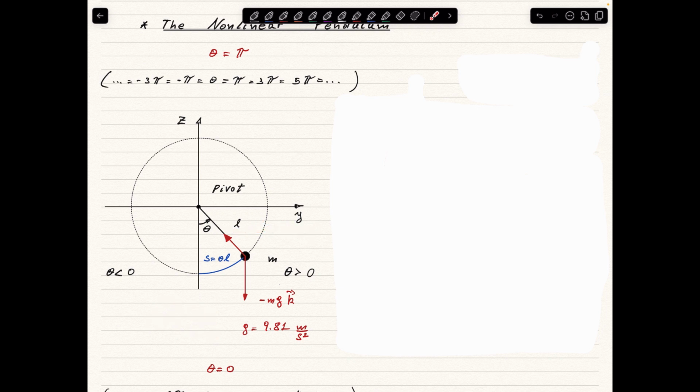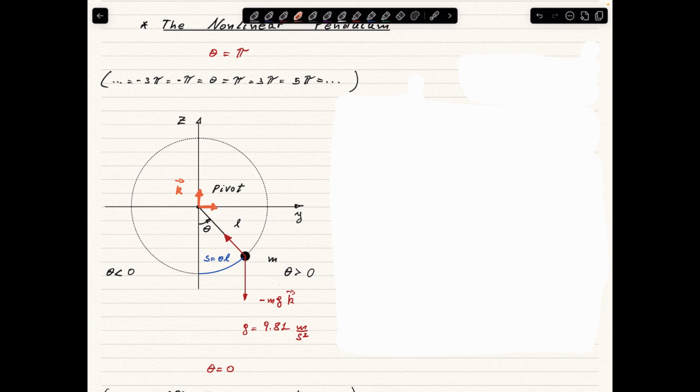And what are the forces that we have on the object of mass m? Well, on the object we have the force of gravity, which points downwards, and we need a coordinate system to write that vector. So we are going to use little unit vectors here to draw the direction. This vector here, we are going to call it k, that points up, and the vector j is going to be here.